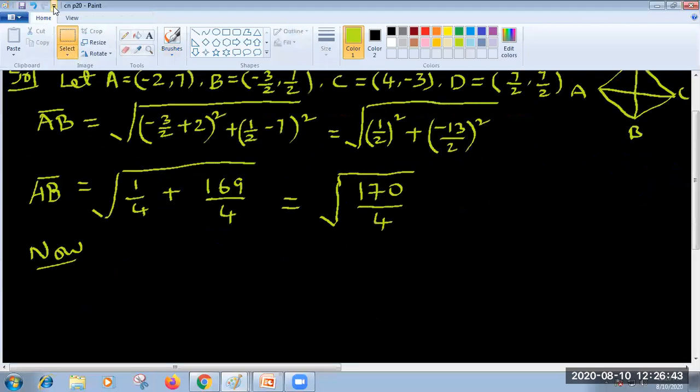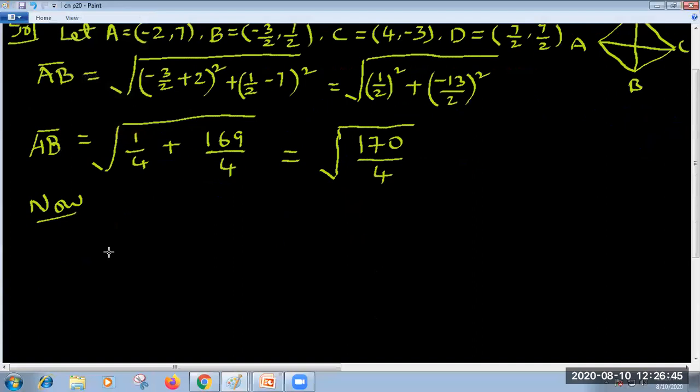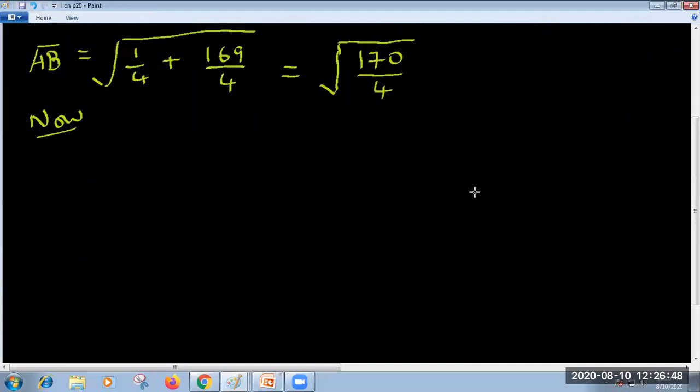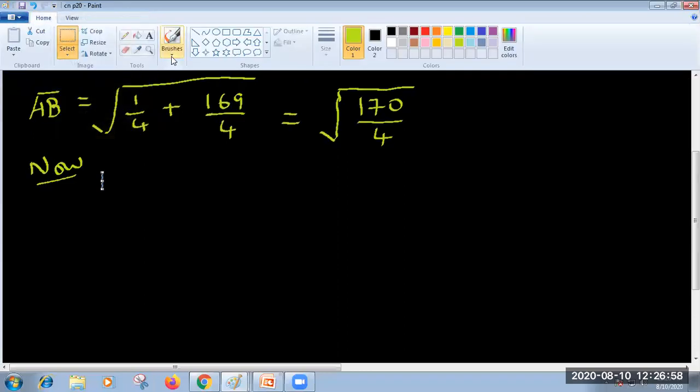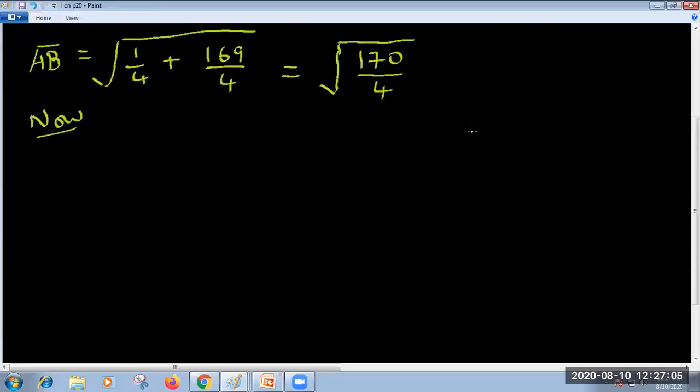Let us find the same by using the distance formula, x2 minus x1 and y2 minus y1.